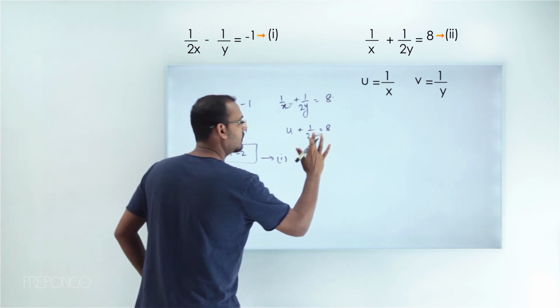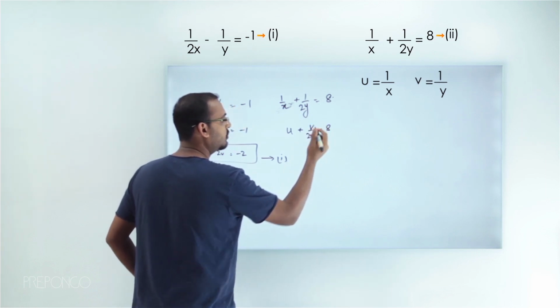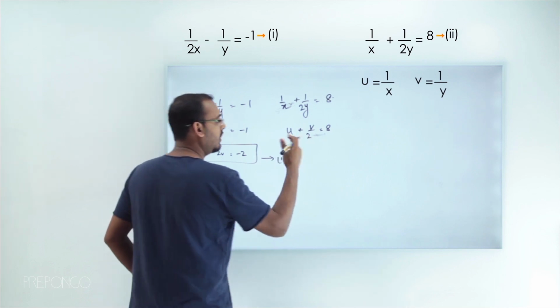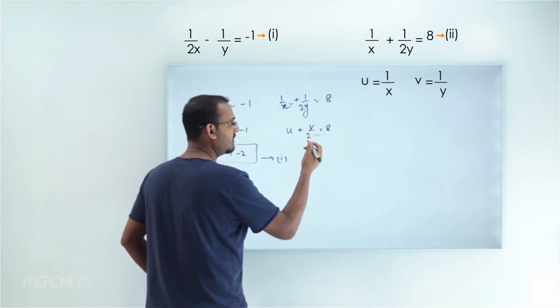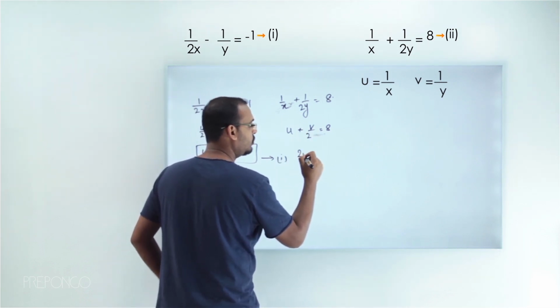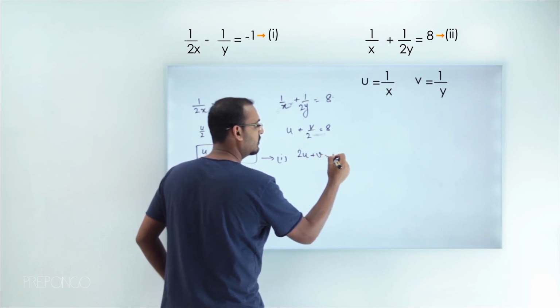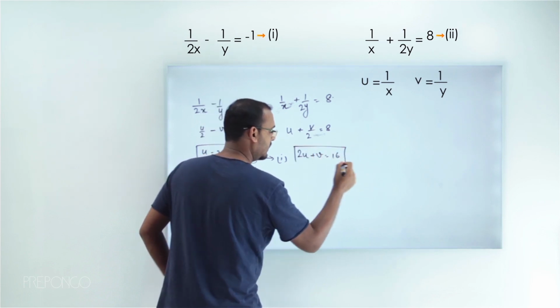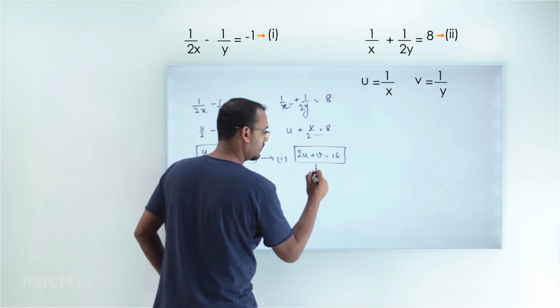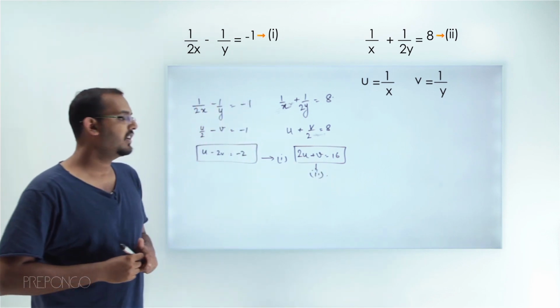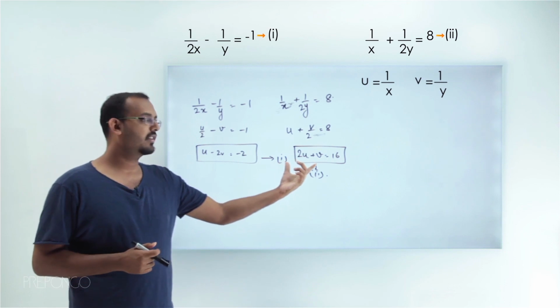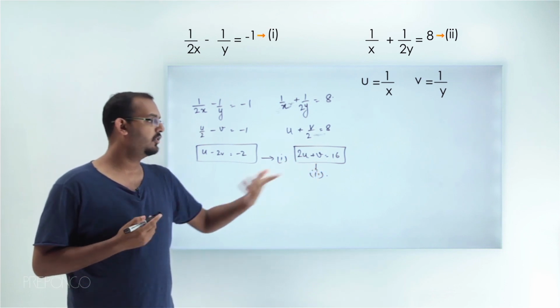Sorry, u plus v by 2 is equal to 8. Now I can rearrange this equation and represent it in the form of 2u plus v is equal to 16. So now this becomes the second equation. This also resembles the format of a linear equation in two variables, right?